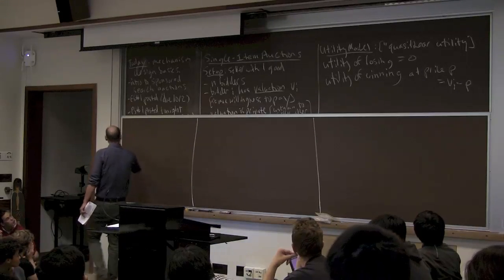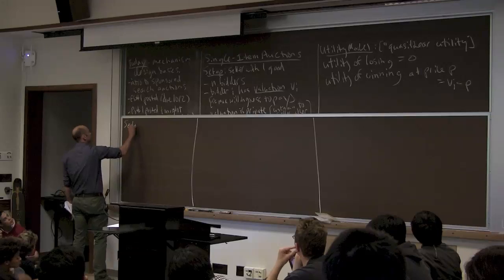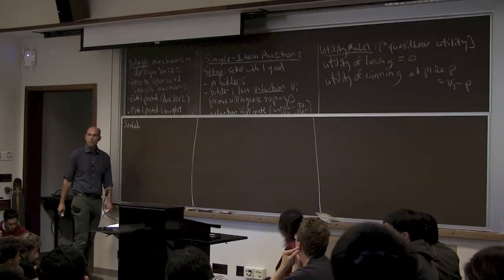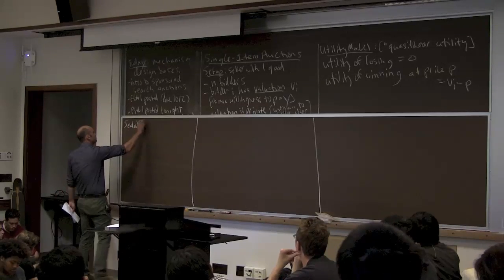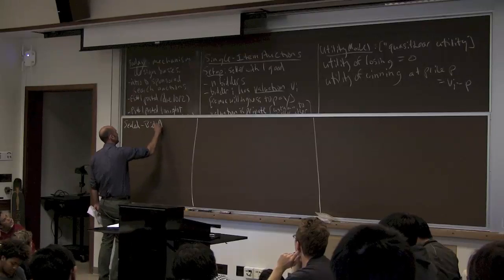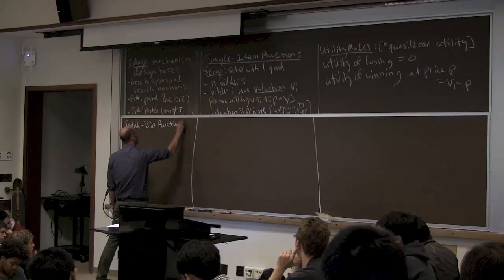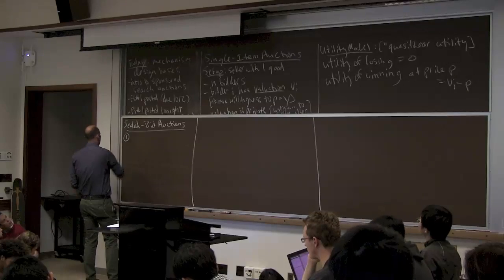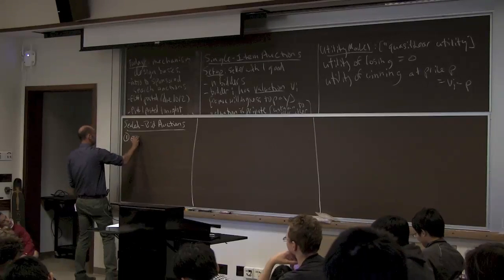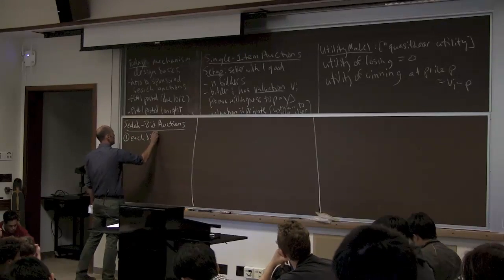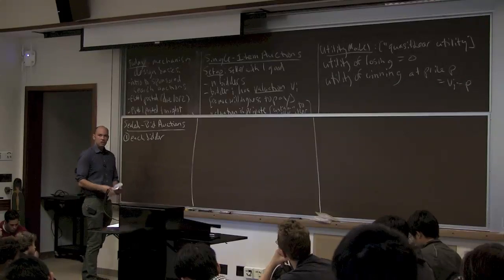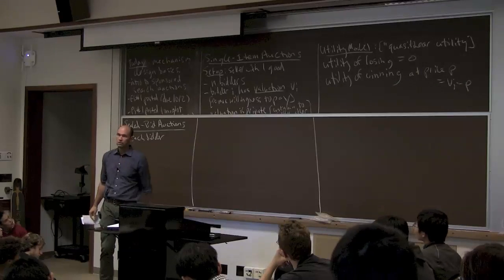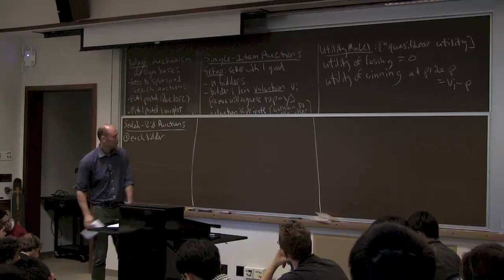I want to focus today on a very simple type of auction format, sealed bid auctions. These work as follows. The first thing that happens is each bidder submits a bid to the seller, to the auctioneer.